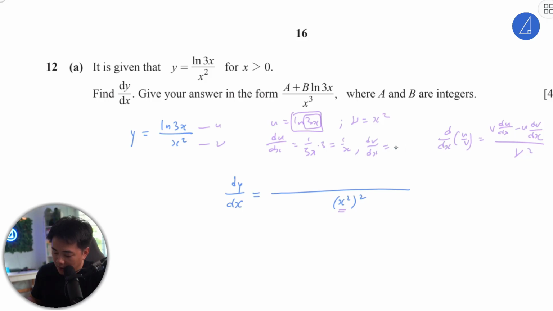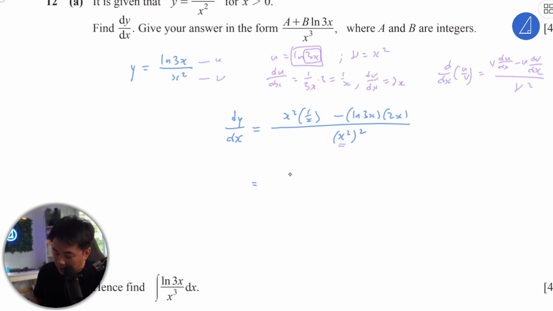So using the quotient rule, where v squared is x to the power 4, v du/dx, which is 1 over x, minus u, which is ln 3x, times dv/dx, which is 2x over here. Simplifying this, we get x minus 2x ln 3x over x to the power 4.